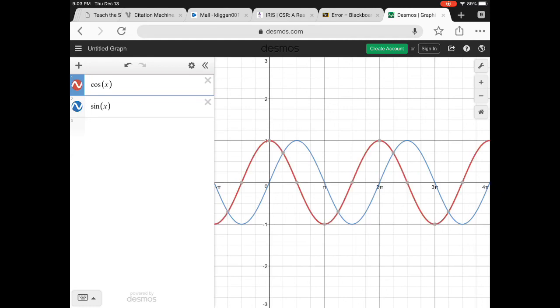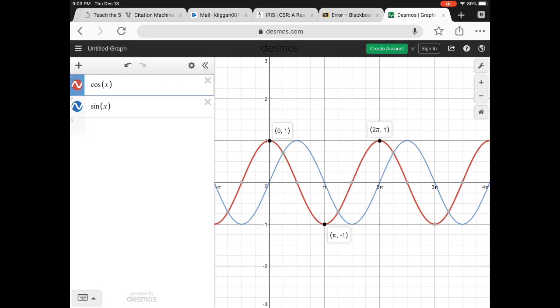Cosine is a little different. Cosine starts up at the point 0 comma 1 and then goes down. So it immediately decreases instead of increasing like the sine function. It's going to go down to its lowest point next, which is going to be at pi comma negative 1.